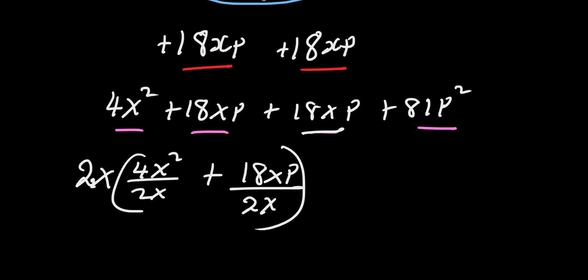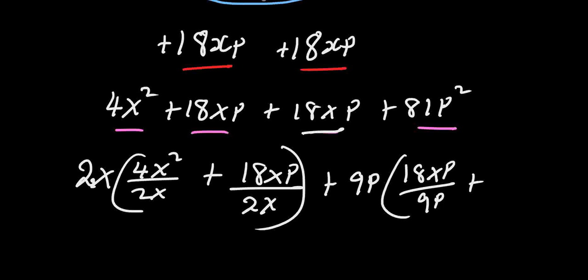So the GCF of 18xp and 81p squared would be plus 9p. So let's also divide 18xp by the GCF, 9p, and also 81p squared by 9p.